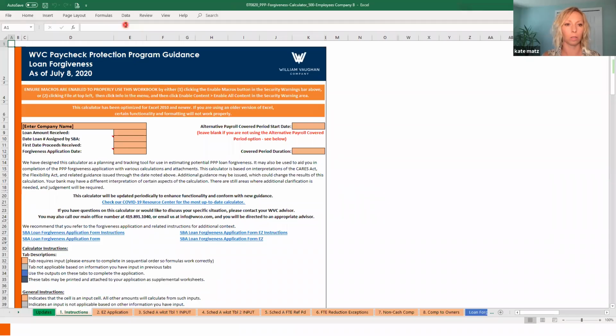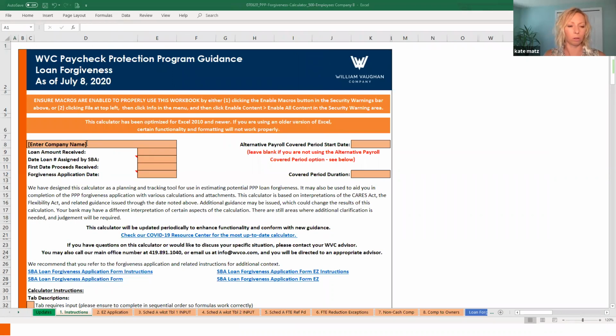So we'll enable all of our content here. Okay, so we're looking now at company B. Loan amount received was $100,000. We'll assume that they got their loan number on 5/1.